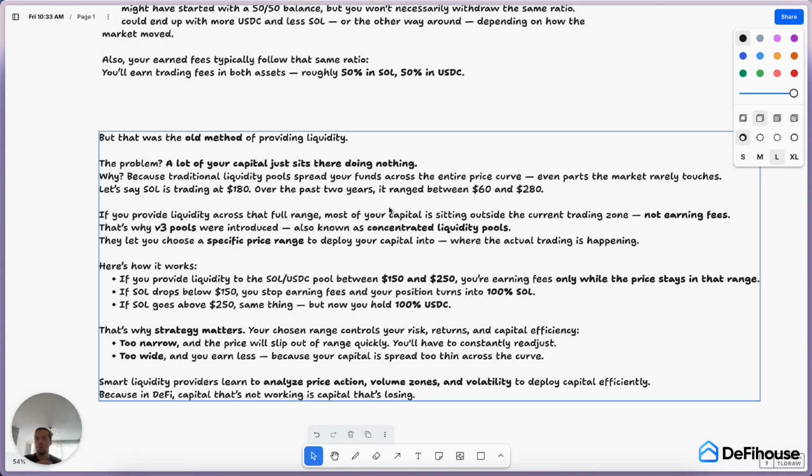But the problem is that, let's say Solana is trading at 180 at the moment, right? And over the past 2 years, it always ranged between $60 and $280, for example.